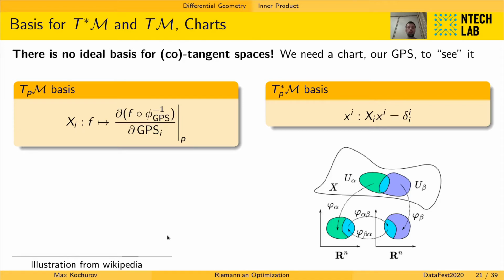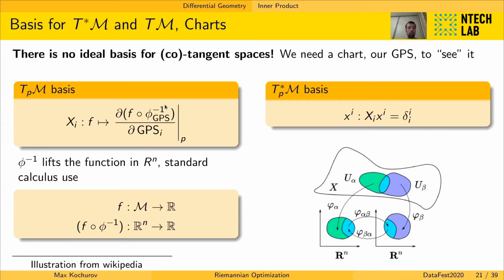How can we use tangent vectors and cotangent vectors in the computer? We need real numbers. We need something tangible. Abstract math is useless here. And do you remember these strange maps on Earth? GPS. And these GPS have coordinates, longitude and latitude. And with GPS, you can lift your manifold to the map.